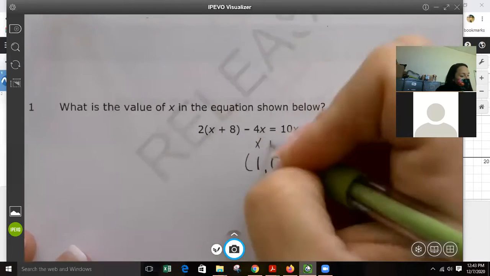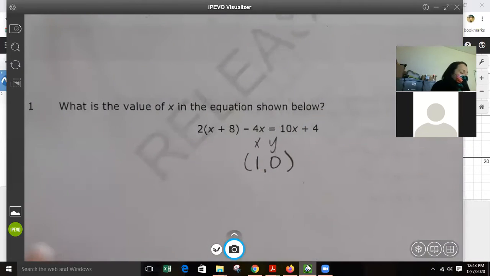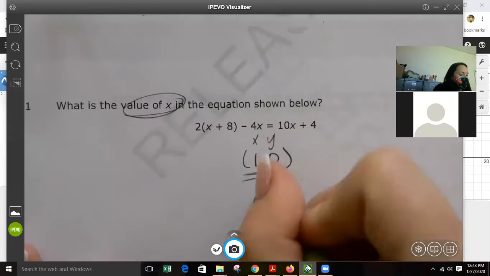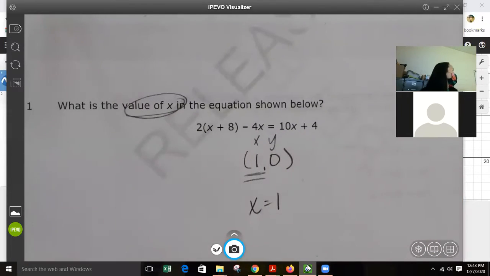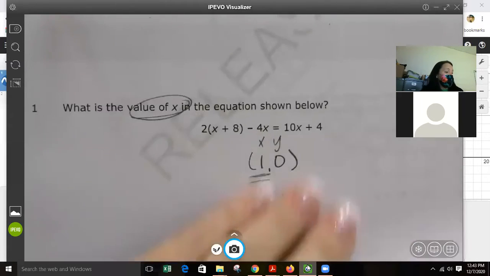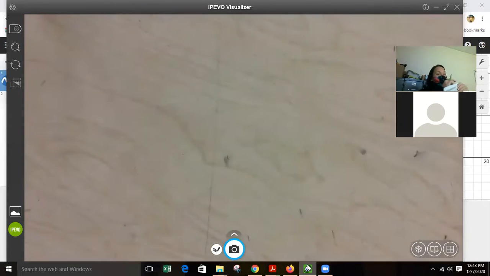Remember, this is an XY coordinate. It asks what's the value of X. So what is X? 1. That's it. Did you do any work? No. And you don't have to on a bunch of them. If you use Desmos, it makes it so much easier than doing any kind of work. Try to remember how to do these.